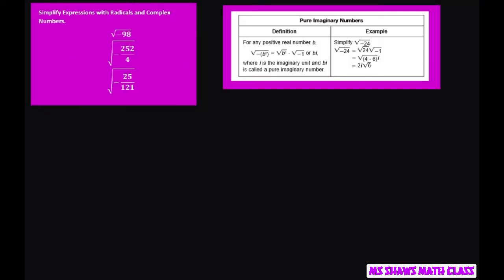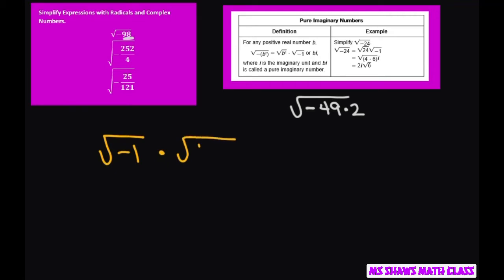Alright, for the first one, I know that I can rewrite 98 as negative 49 times 2. And then I'm going to split that up. So I'm going to write this as square root of negative 1 times the square root of 49 times the square root of 2.